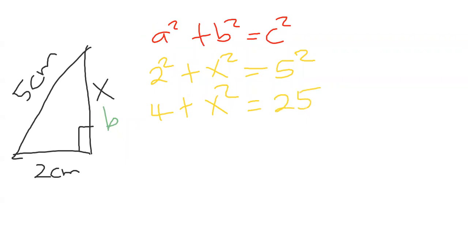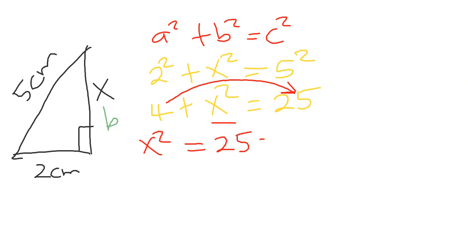Then remember, we are solving for x squared. So take everything that side, or collect like terms, so that this side you are only left with what you are interested in, which is the x squared. On the other side of the equal sign, you now have 25 minus 4. Solving that, 25 minus 4 gives us 21. And that 21 is the value of x squared.